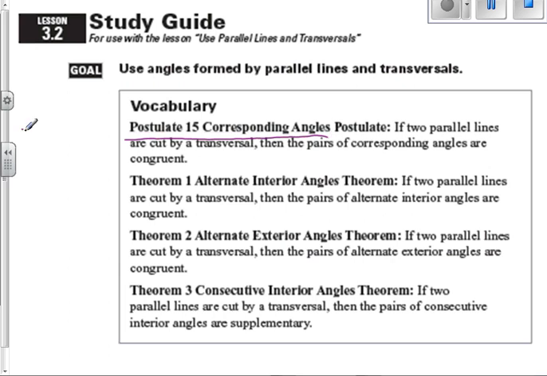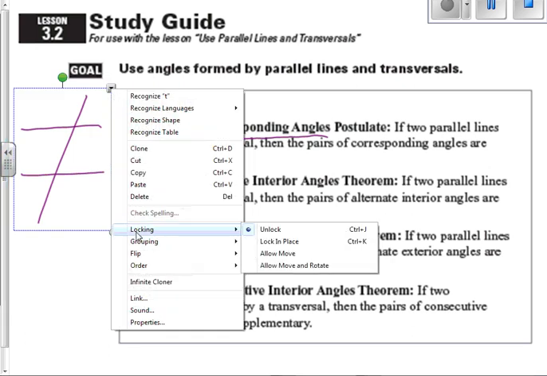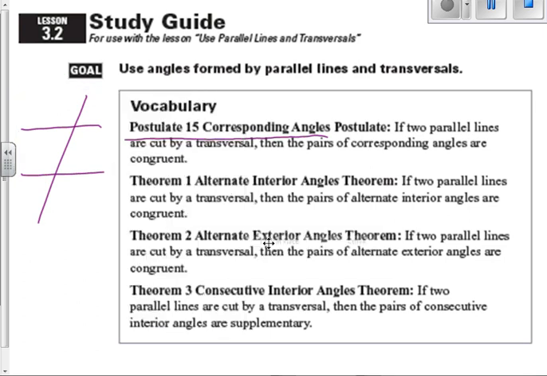And just to refresh, now these I will draw parallel because I will use them again. All right, so I'm looking at the corresponding angles postulate. If two lines are parallel, so I have line 1 and line 2, and I would say line 1 is parallel to line 2, line 3 is my transversal that cuts line 1 and line 2.